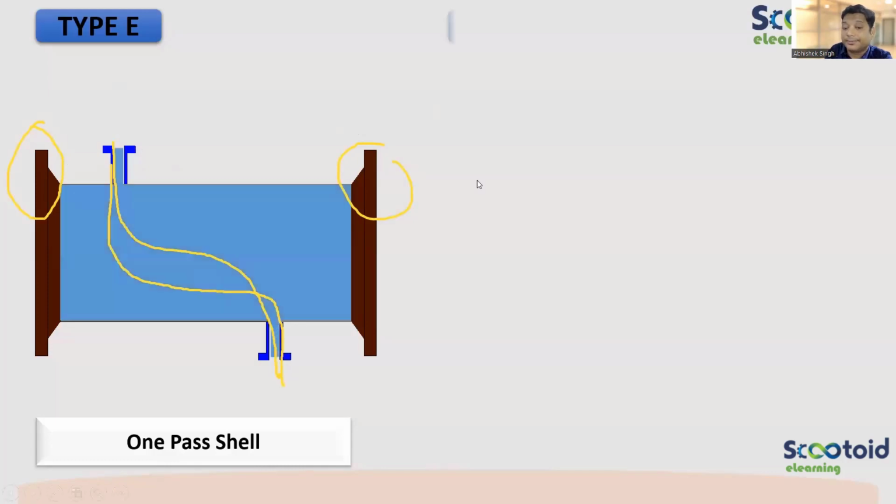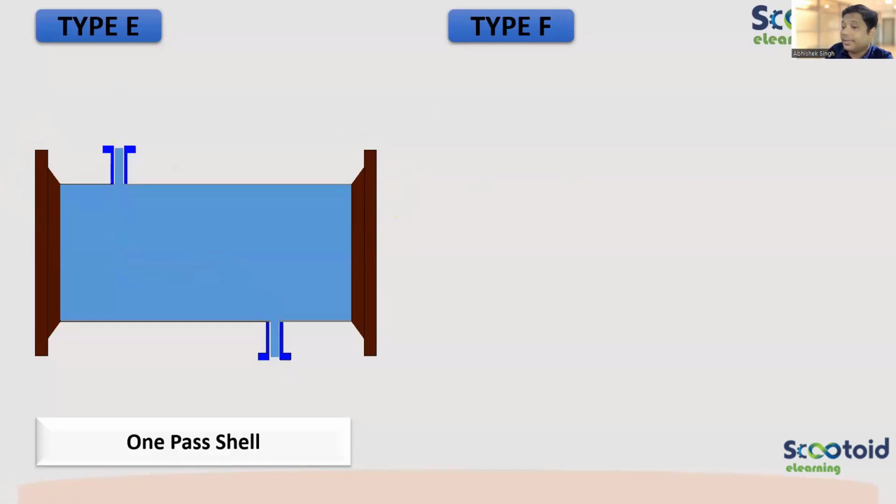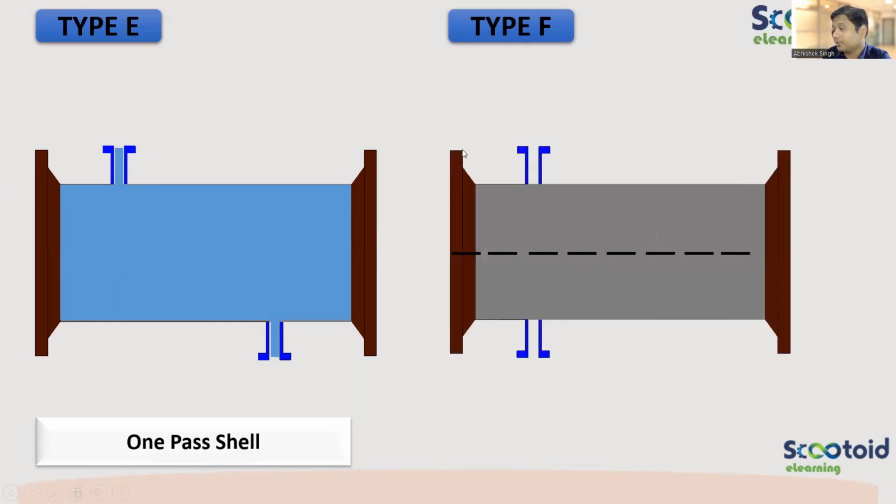The second type is type F. What we see in type F is a longitudinal baffle, so that flow comes from here and moves like this. Making sense to everyone? One pass and two pass. So here the flow will happen like, if there is a liquid, how it will flow.